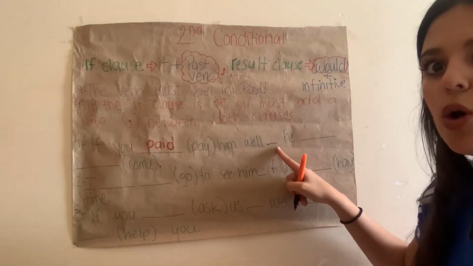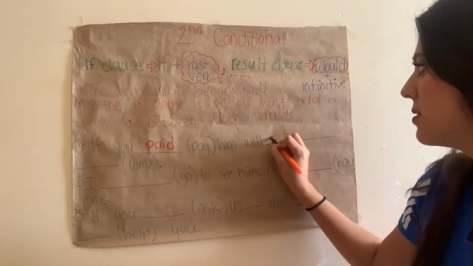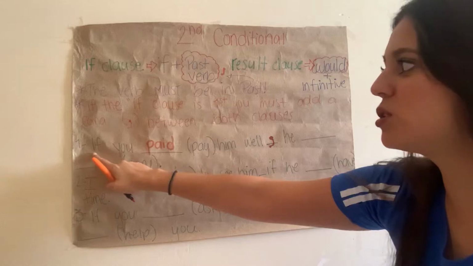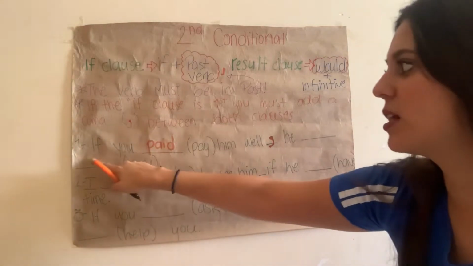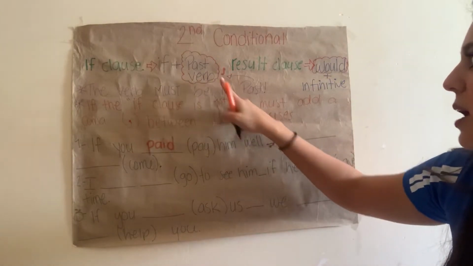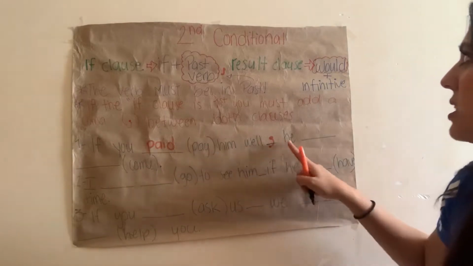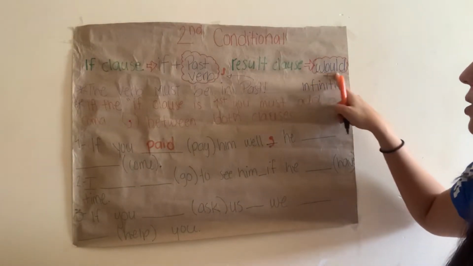Should I add a comma here? Yes. I add a comma because I'm starting with the if clause. If you paid him well, comma, now my result clause. He come. Let's see the formula. He would.